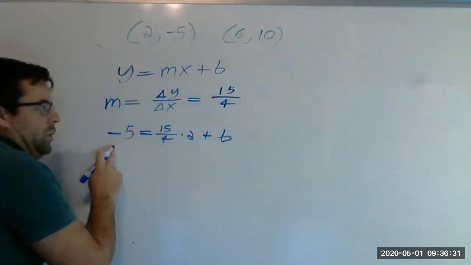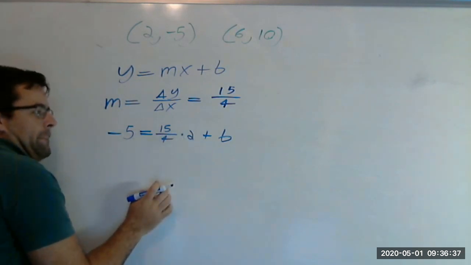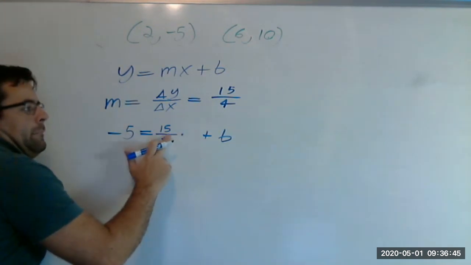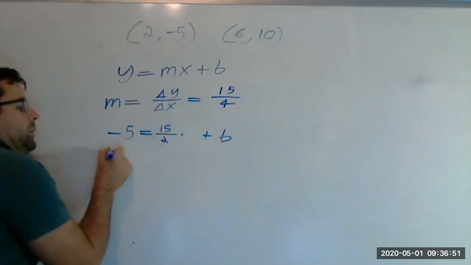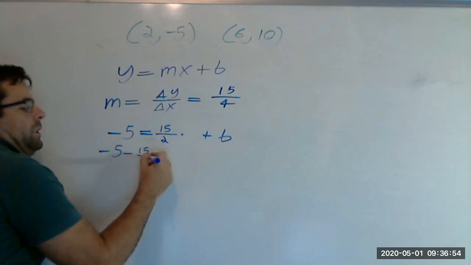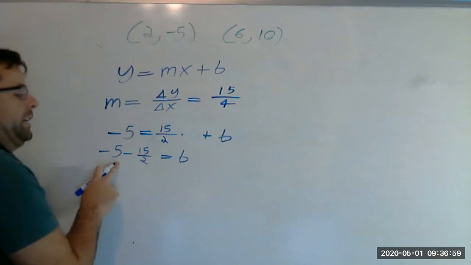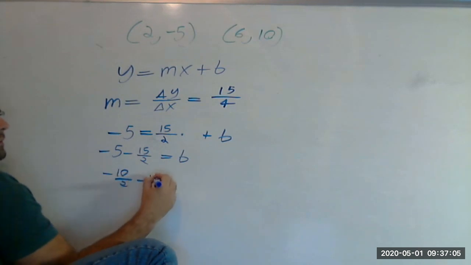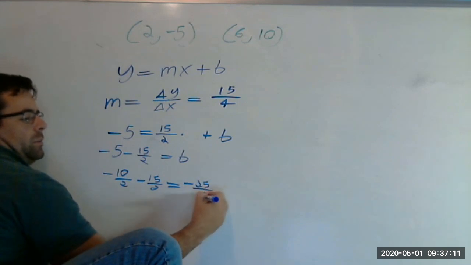Well, first of all, what is 2 times 15 over 4? That'd be 30 over 4, or 15 over 2. So -5 minus 15 over 2 equals b. -5 is actually -10 over 2 minus 15 over 2 equals -25 over 2.